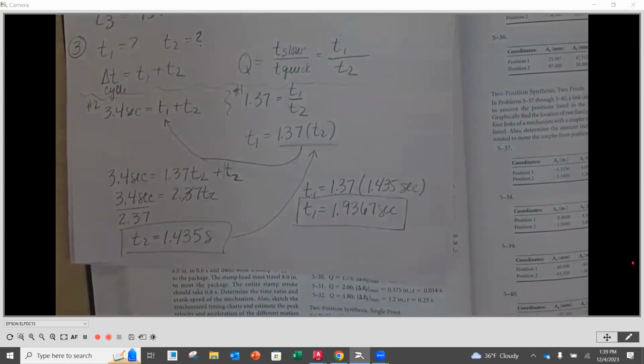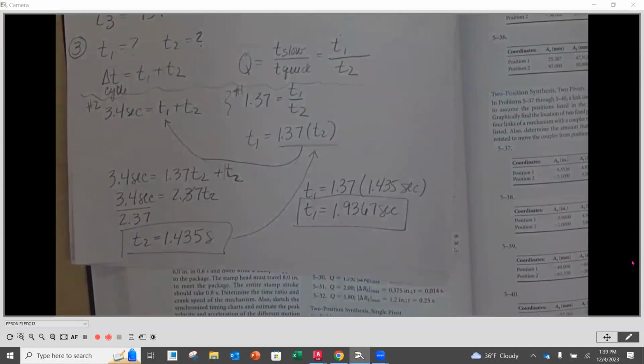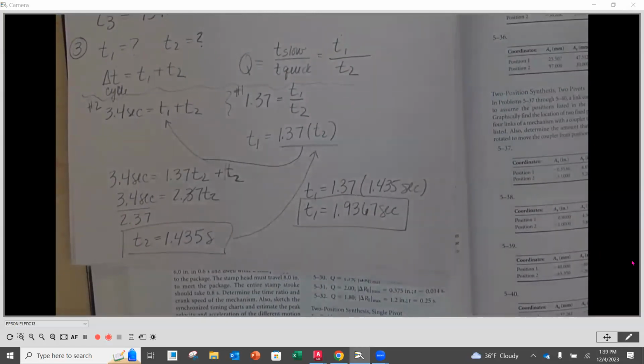So you have to do this. It doesn't ask you to do this, and that's why I'm telling you guys, I want you to figure out using the math here what is the slower cycle, T1, and what is T2. So make sure that you do that. I'll add that as a note in the problem assignment.